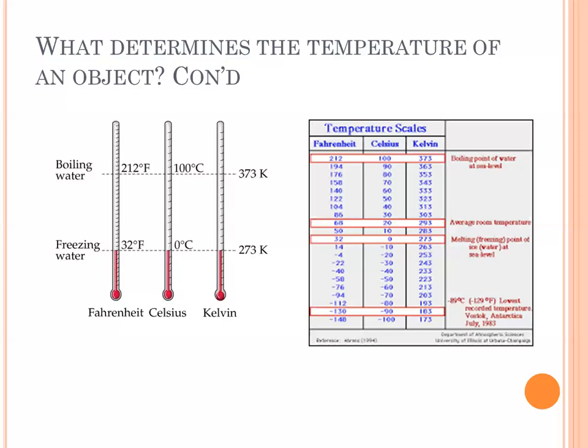Fahrenheit is an older type: 32 degrees for freezing of water, and the boiling point of water is 212 degrees Fahrenheit. So it wasn't based off of water at all. This is a scale with a good amount of range. Now for the Kelvin scale, we needed something. Scientists wanted something to measure absolute zero, which is almost impossible to achieve in any aspect of life, whether in nature or in a laboratory.